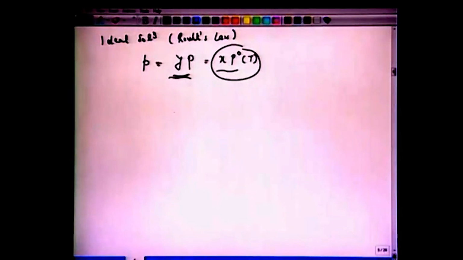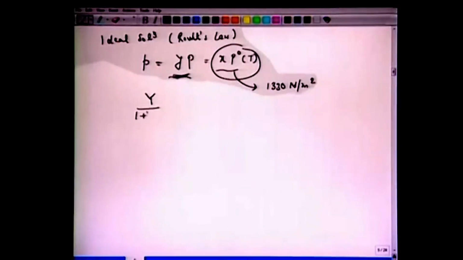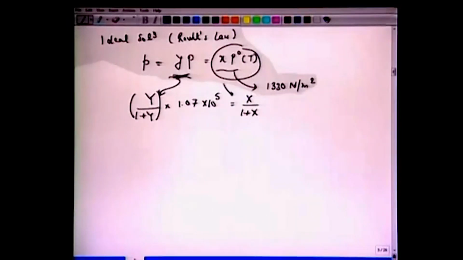Okay, so the vapor pressure at this temperature of 26 degrees centigrade, we can go back and see, is given as 1330 Newton per meter square. So essentially we have YP, so we can write capital Y over 1 plus Y into the pressure, which is given as 1.07 times 10 to the power 5, equals capital X over 1 plus X, where a small y is replaced with Y over 1 plus Y and a small x is replaced with capital X over 1 plus X, into the vapor pressure, which is 1330.